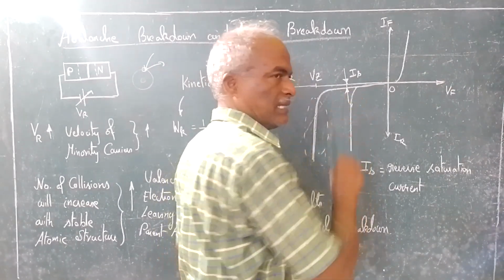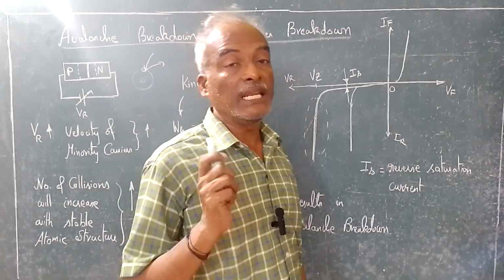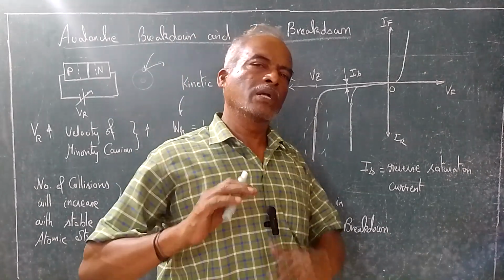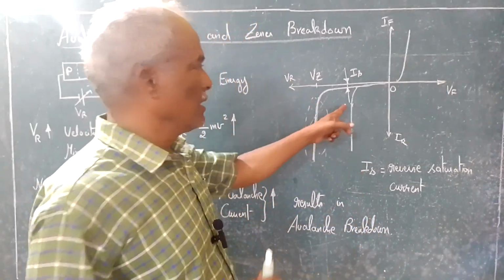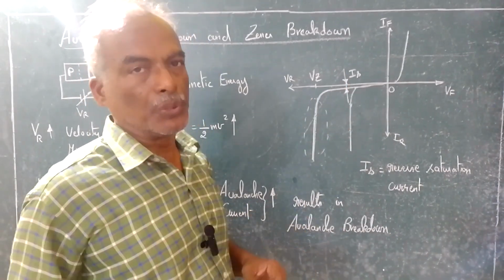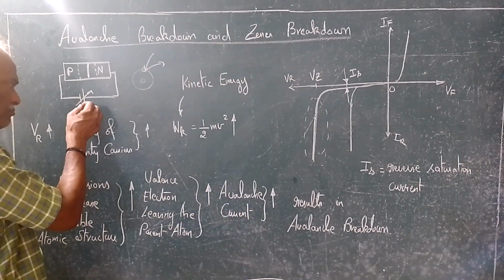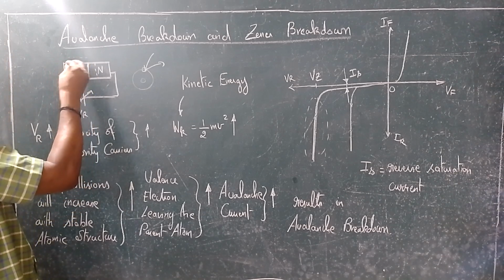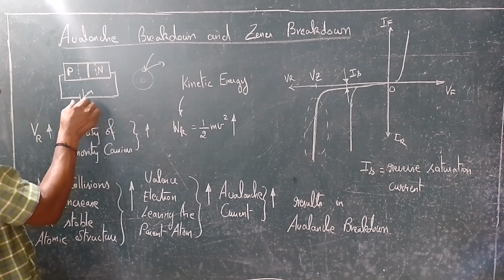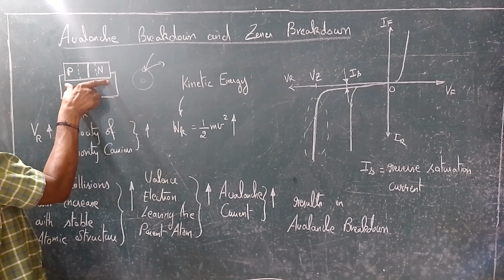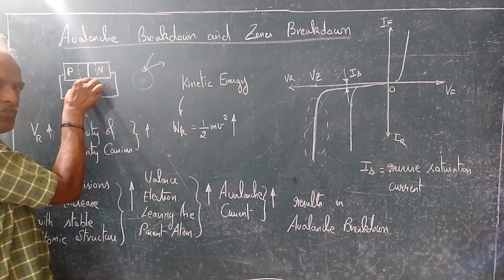If it happens like this, then we call it Zener breakdown. But what is the difference? Here the breakdown is due to the electric field. Electric field means heavily doped P-type and N-type material, so between this distance there is a depletion region.